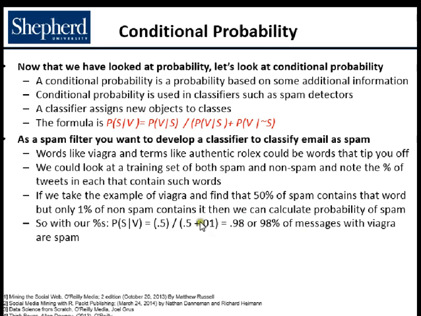And we can see down here, just as an example, if 50% of spam emails contain the word Viagra, but only 1% of non-spam emails contain it, then we can calculate the conditional probability by applying that formula to these values, and we get 98% of messages with Viagra are spam.